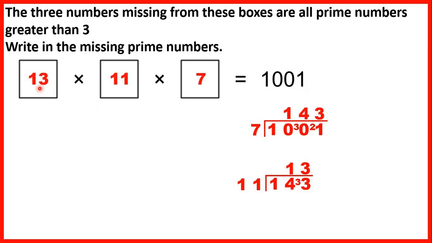So our missing numbers are 13, 11 and 7, and they're all prime numbers because they only have 2 factors. 13 is only in the 1 and 13 times tables, 11 only in the 1 and 11 times tables, and 7 is only in the 1 and 7 times tables. So we have our missing numbers.